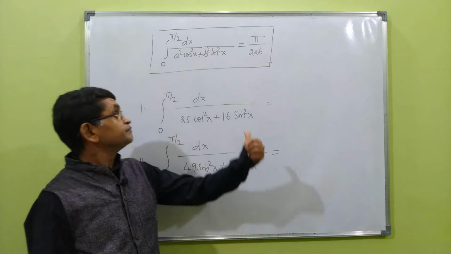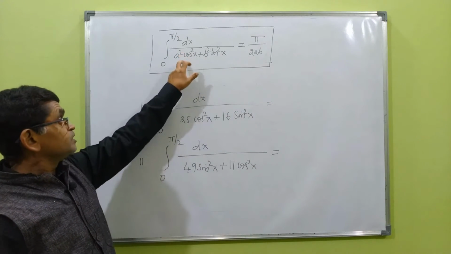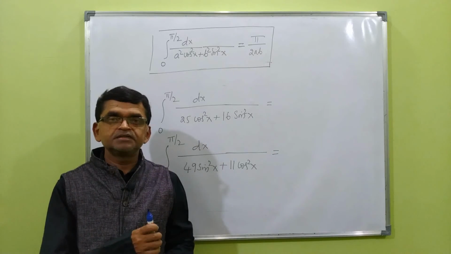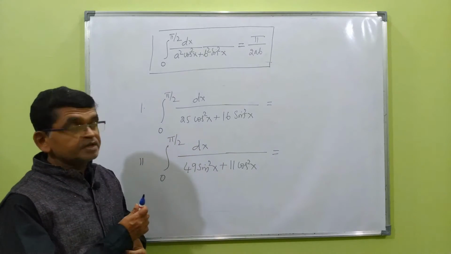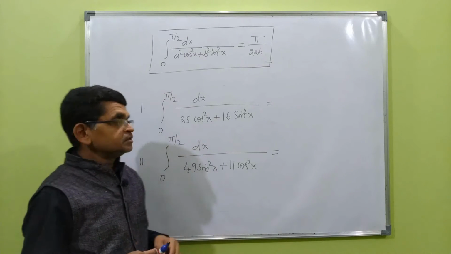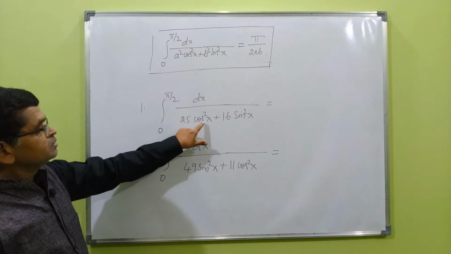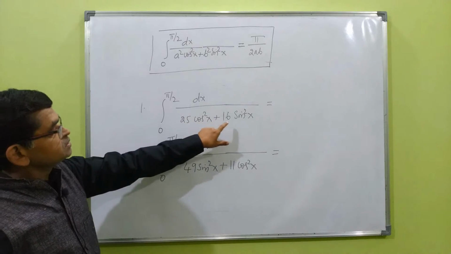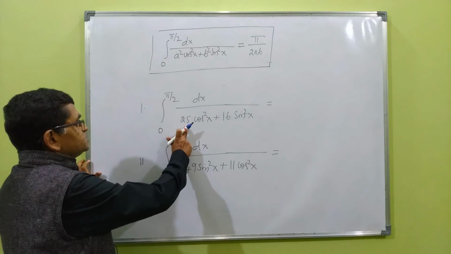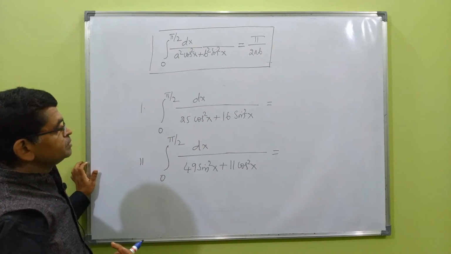Look here, integral 0 to pi by 2 of 1 by a squared cos squared x plus b squared sin squared x dx is equal to pi by 2ab. This is another result. Integral 0 to pi by 2 of 1 by 25 cos squared x plus 16 sin squared x dx. Then a square is 25, b square is 16. So a is 5, b is 4.